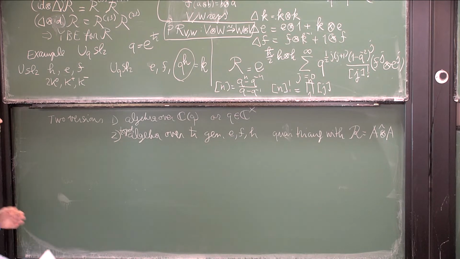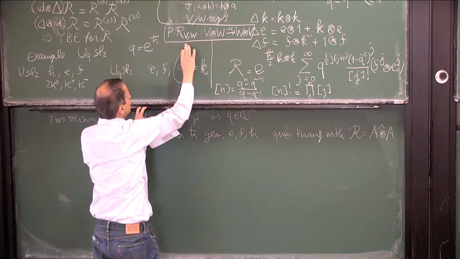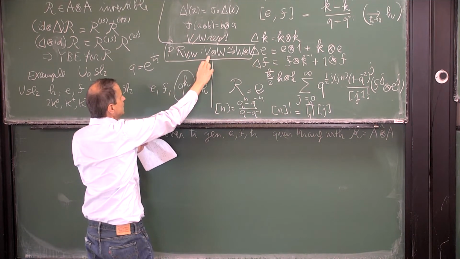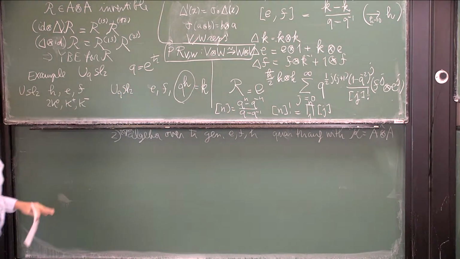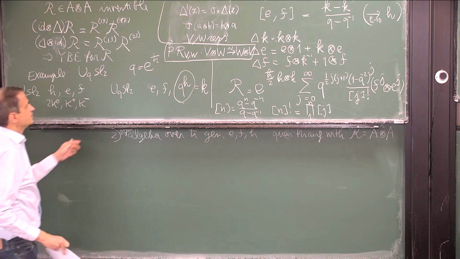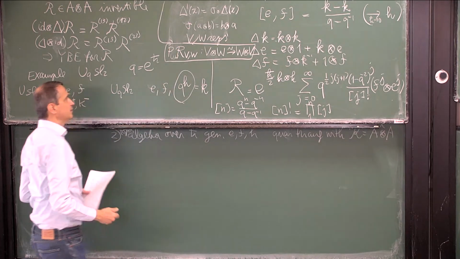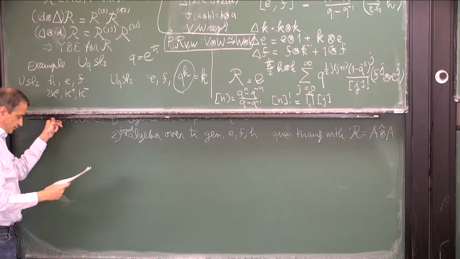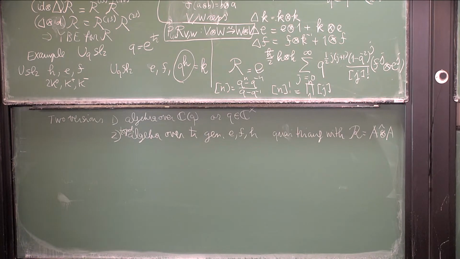Wasn't it just sigma? P, yeah, but I prefer to distinguish because P is a permutation in the representations and sigma in the algebra, but it is the same operation, right? Maybe I should write P_VW or sigma_VW or something like this.